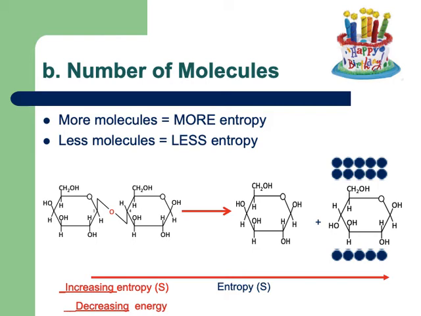Being nice and arranged as a triglyceride, we have fewer molecules free. But as soon as we break down a triglyceride and release the fatty acids into the blood, we're increasing the number of molecules, and therefore we're increasing entropy within the system.